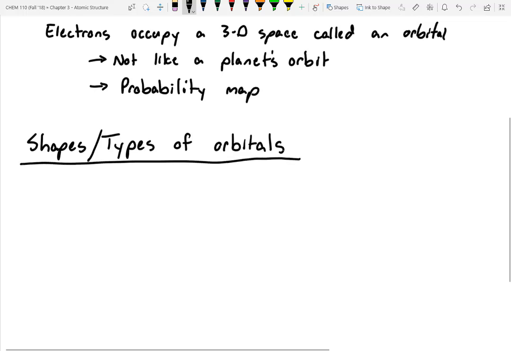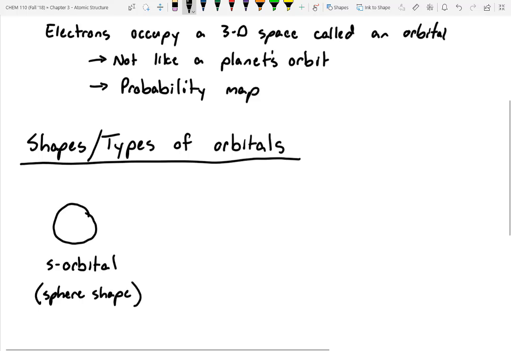All right, the first and most basic one is called an s orbital, and it's a sphere. Pretty easy to remember, but it basically says in this sphere cloud, you're likely to run into some of your electrons.